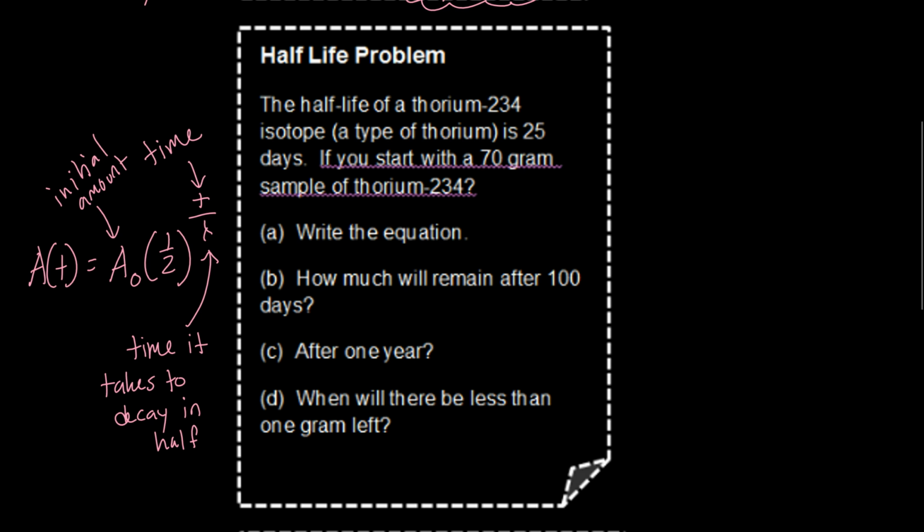So here this problem says the half-life of a thorium-234 isotope, a type of thorium, is 25 days. If you start with a 70-gram sample of thorium-234, write the equation. So, what is our equation going to look like for this situation?